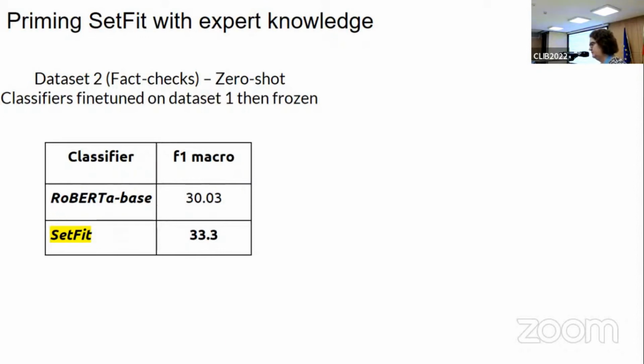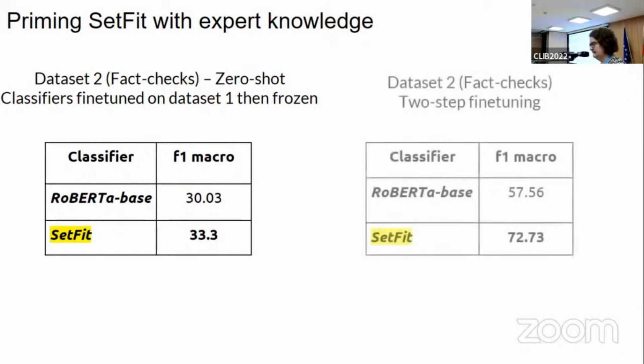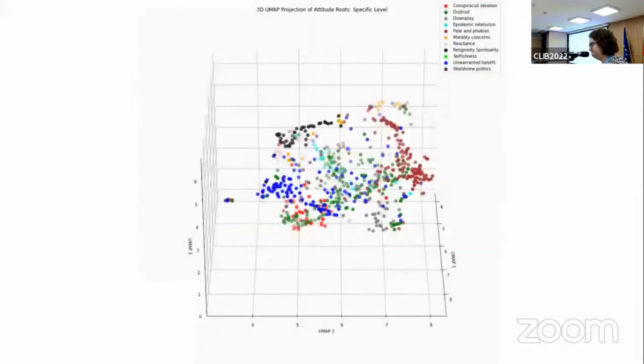But what if we perform a two-step fine-tuning, where we first fine-tune on the first data set and then continue with fine-tuning on the second data set? Here we indeed get much higher results, which in addition has a nice interpretation that we can prime SetFit with some expert psychological knowledge and identify attitude roots in the wild.